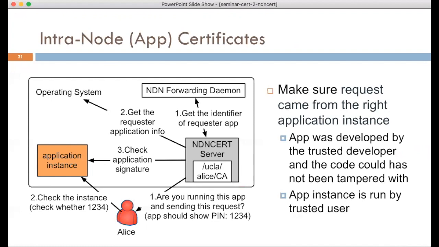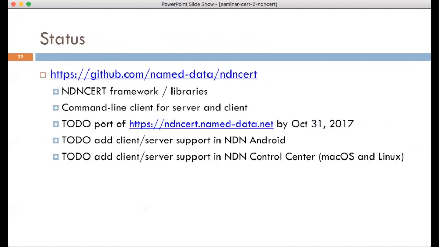There could be cases of multi-user systems where some other application is requesting, and you don't want to mess up those things. Okay, I'm not going to go into detail. And so this is the status.